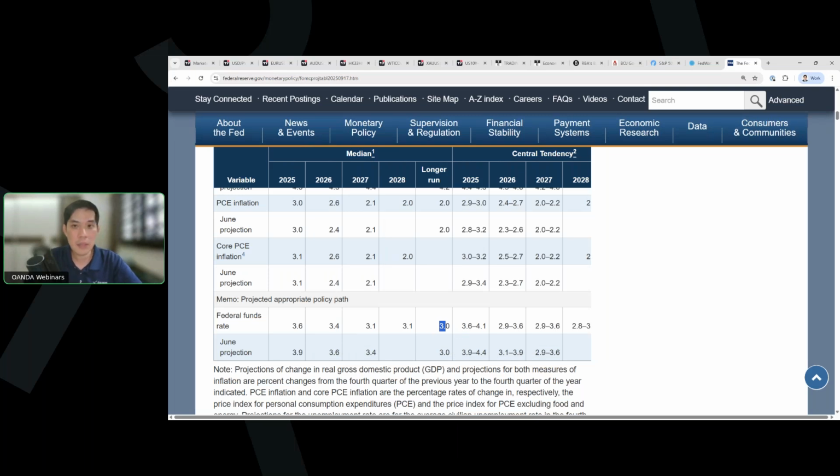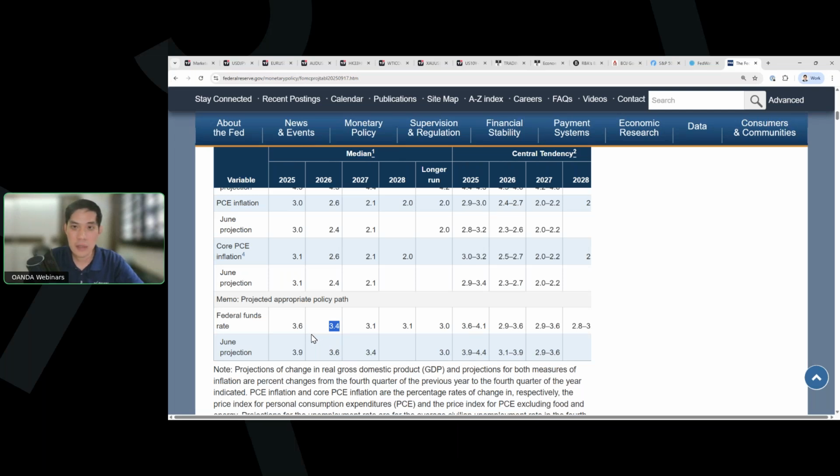So market participants will be looking at, very interestingly, the 2026 level, because for 2026, it was previously at 3.4%. It has been lowered. So this 3.4% potentially could be lowered much further, given the fact that the core PCE, given the fact that the labor market remains soft, and also due to the fact that we have this incoming dovish Fed chair that will take over from Fed Chair Powell next year.